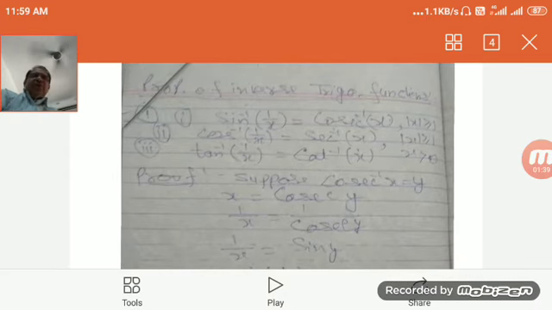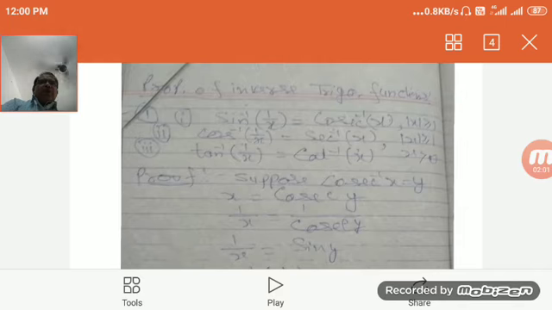Next we have to see three properties. First, sine inverse 1 upon x is equal to cosec inverse x when modulus of x is greater than or equal to 1. Second, cos inverse 1 upon x is equal to sec inverse x when modulus of x is greater than or equal to 1.